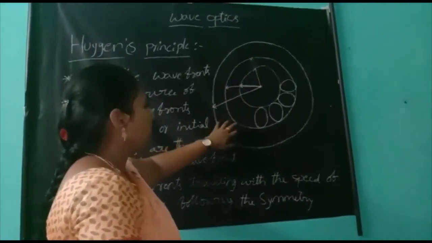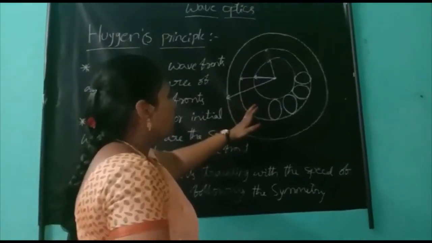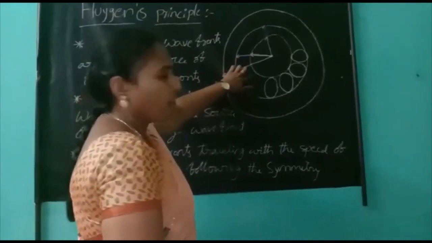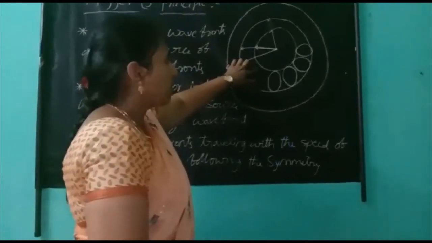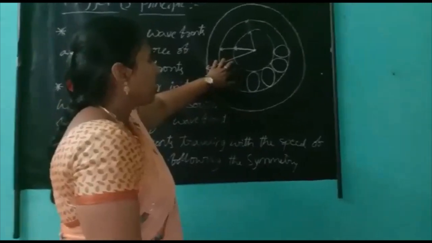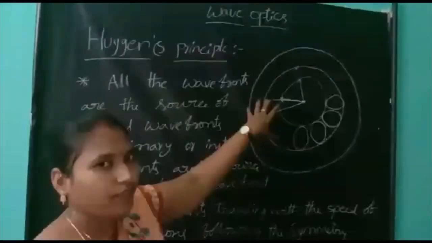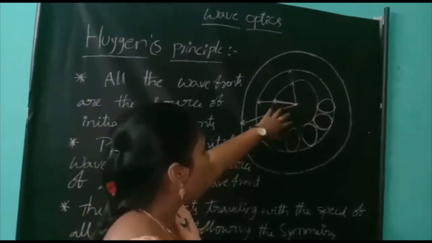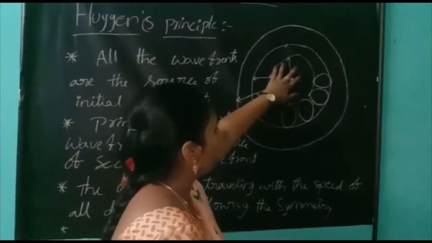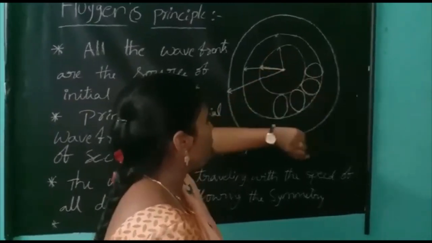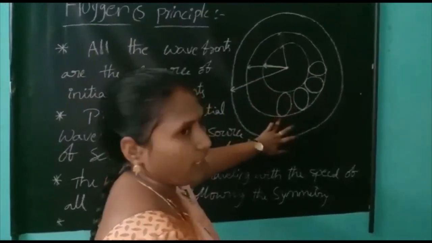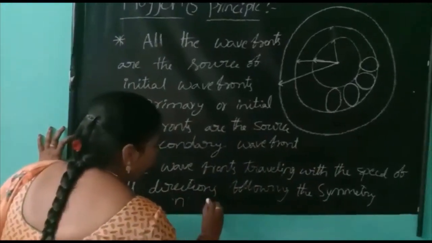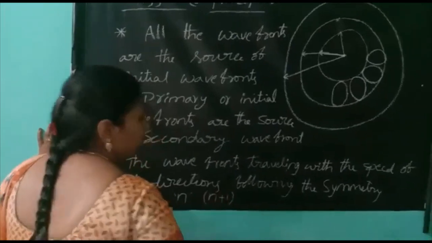The circles are wavelets. These circles are wavelets created by the wavefront to produce secondary wavelets. That means n creates n plus 1 wavelet.